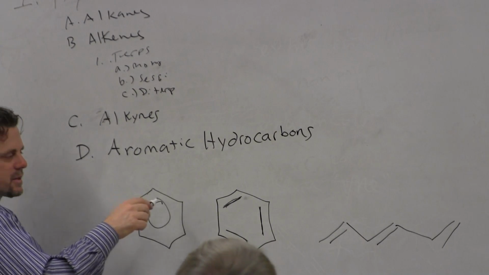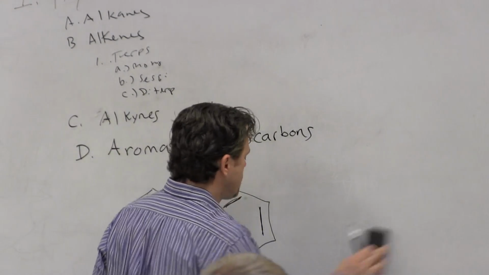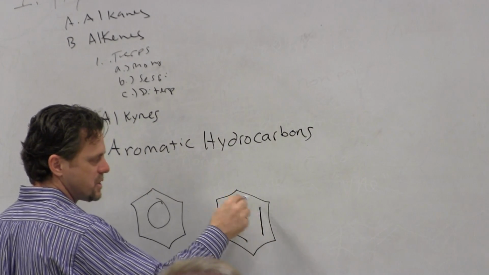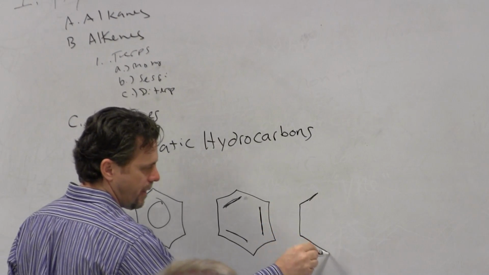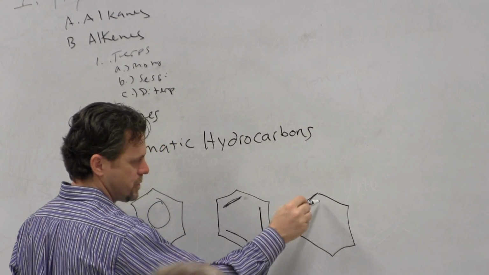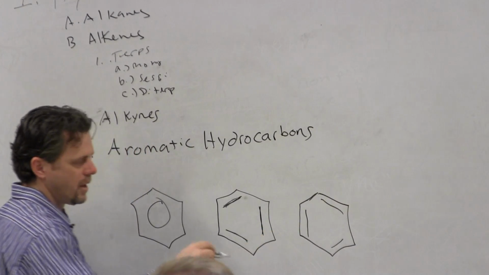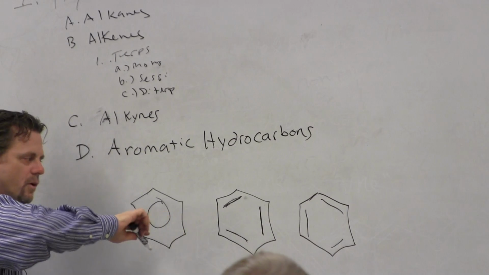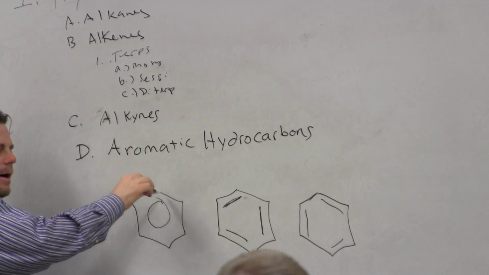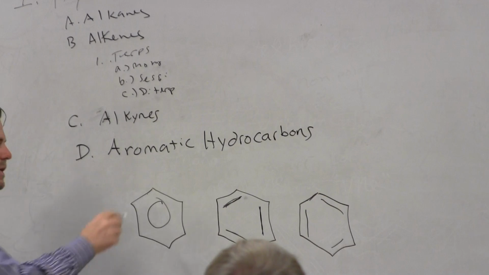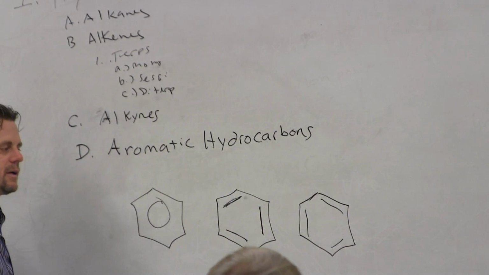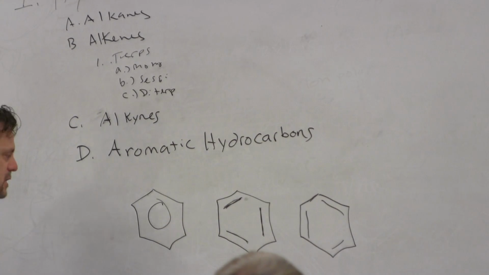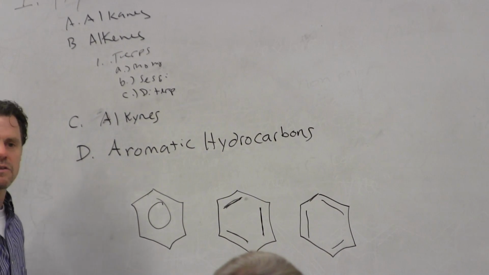So you can imagine that this is not just this, but also this, which if we put that there, there, and there, these bonds aren't moving like that. It's really that they're almost like 1.5 bonds all the way around. So each carbon atom here is equivalent, and each bond in between the carbons is equivalent. So that's why they use this to give you a better picture of what's going on.